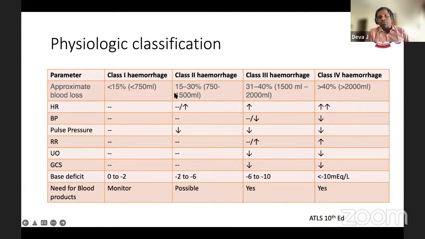For class 1, you probably won't need anything. Class 2, you probably will give some crystalloids and that's it. Class 3 and class 4 will definitely need blood transfusion. Right. So that's about shock and trauma, the classification of hemorrhagic shock.